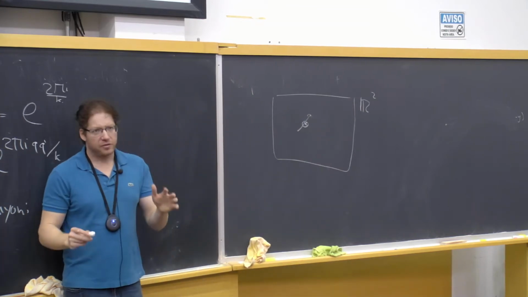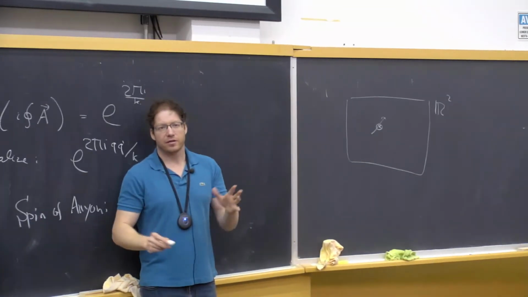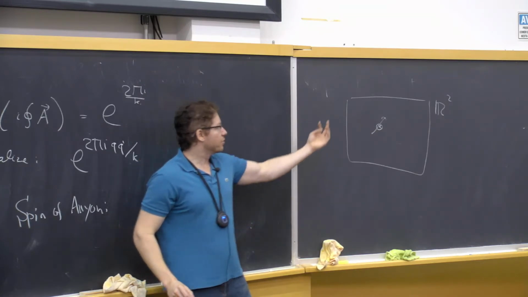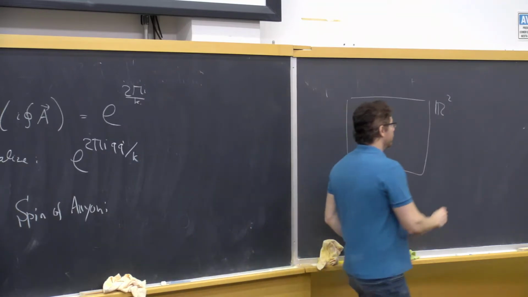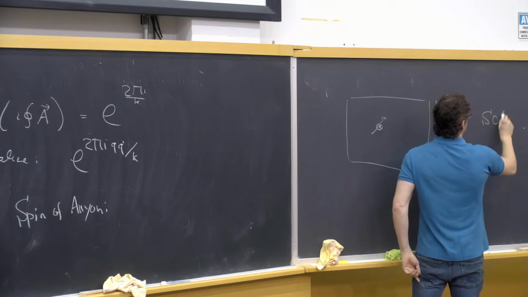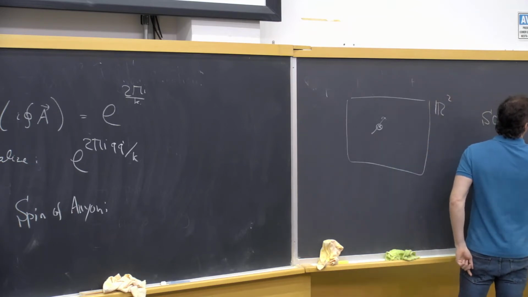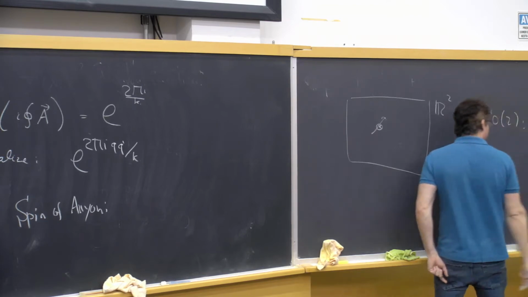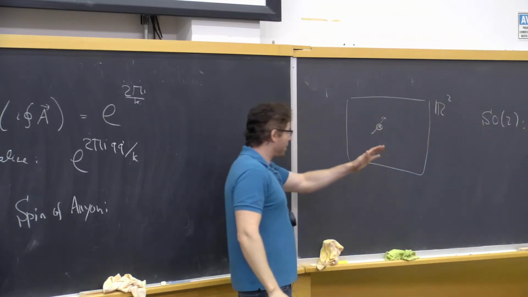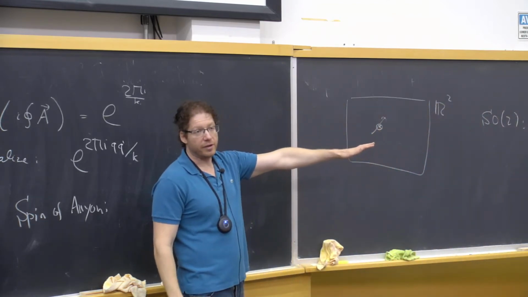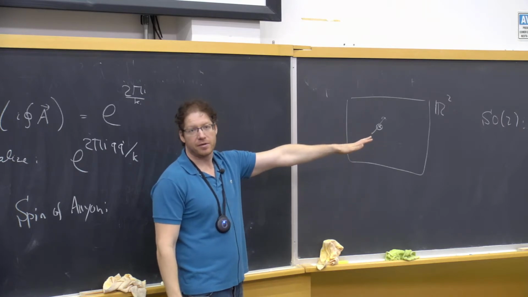So the Hilbert space of this theory in the presence of an anyon still has a U(1) symmetry, rotations around the anyon. So the little group is still SO(2). This is the little group. And therefore, it's perfectly well defined to ask, what is the SO(2) quantum number of the ground state of that theory?